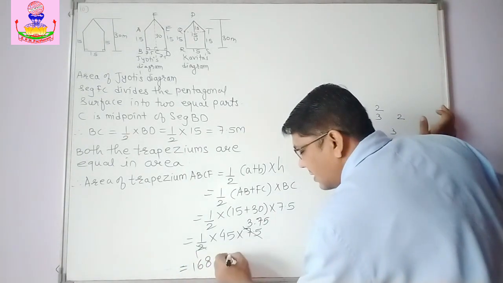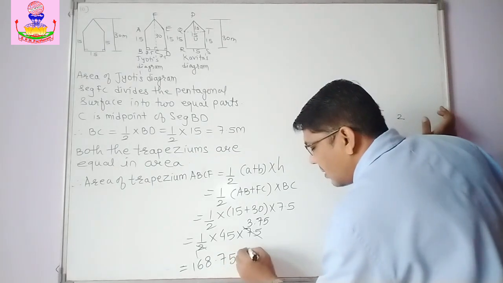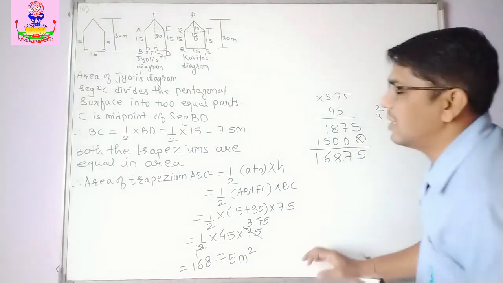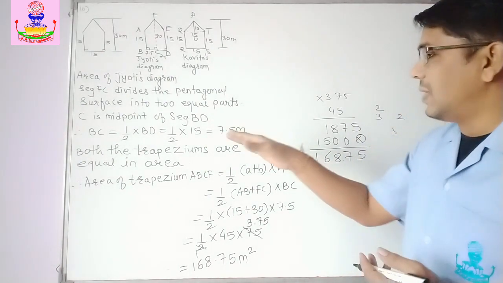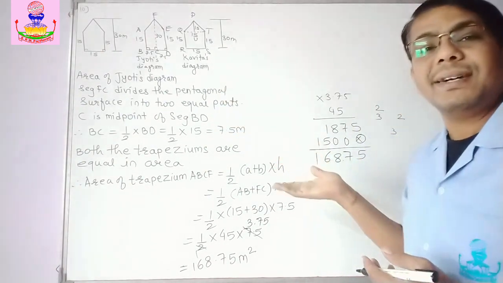So decimal point after 2 digits, it comes out to be 168.75 meter square. This is the area of one trapezium.